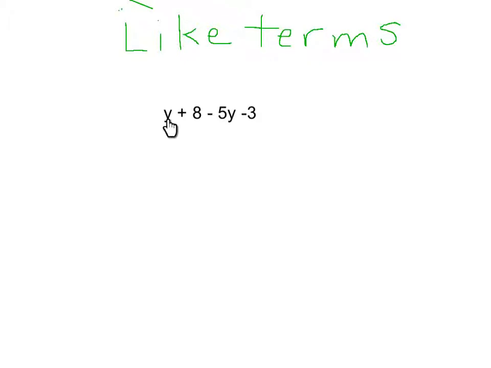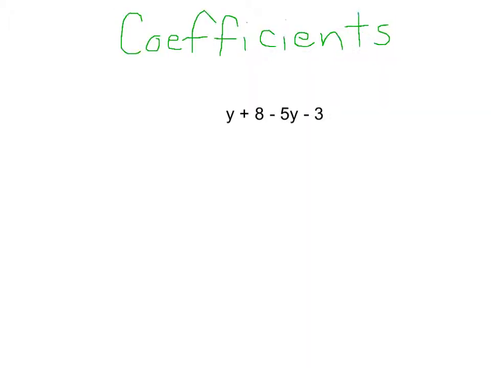Well, I've got y and negative 5y right there. Those would be like terms. And then I've got 8 and negative 3. Those would be like terms. Anything with a variable should be used with another term with a variable. Any digits or integers by themselves would just go along with the other integers in the problem.